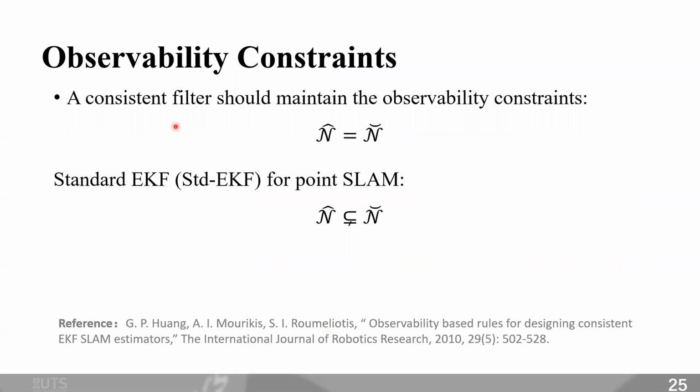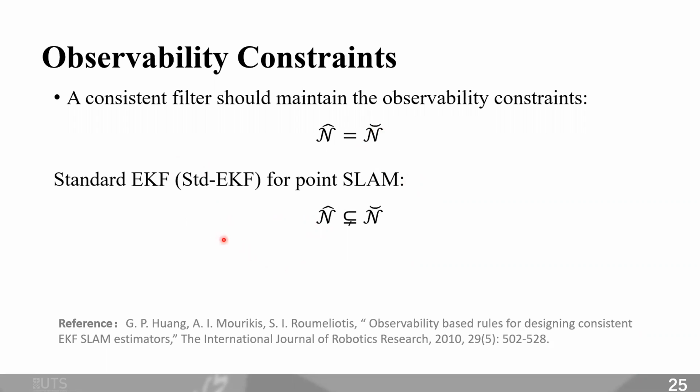A consistent filter, something like a good filter, should maintain the observability constraints as follows. The unobservable subspace based on estimations should be the same as that based on ground truth. We can check that the Std-EKF for the point feature baseline does not maintain such constraints.